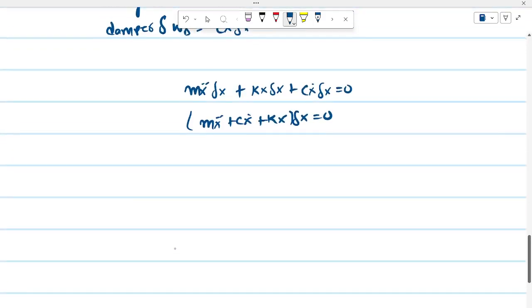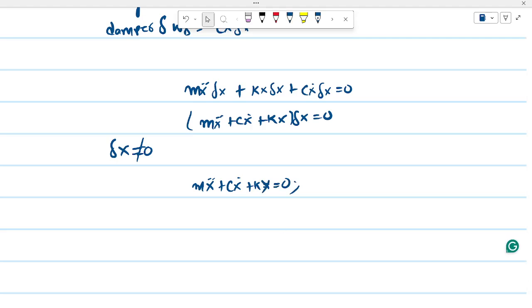And since displacement cannot be equal to 0 because there's something happening with the system, for sure the net equation of motion will be equal to 0, and for that we need to solve it and find the solution. So again we reach the same equation of motion using the virtual work method.